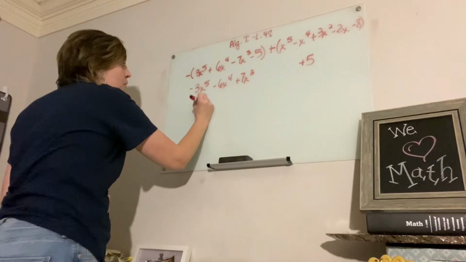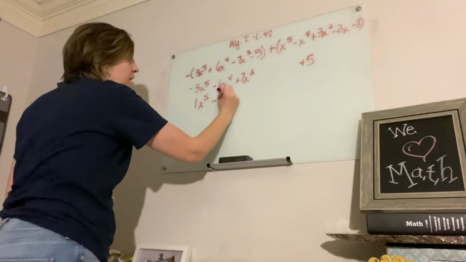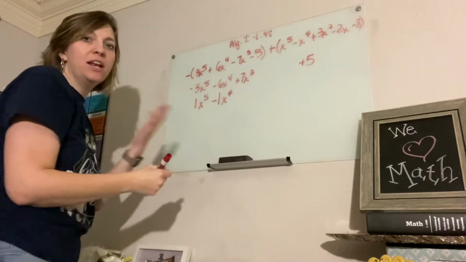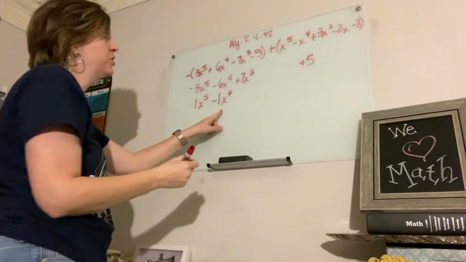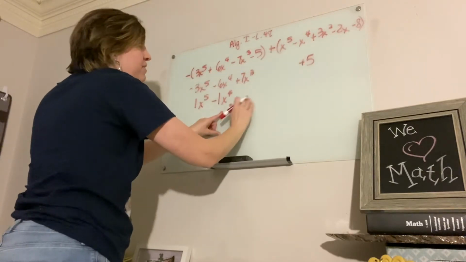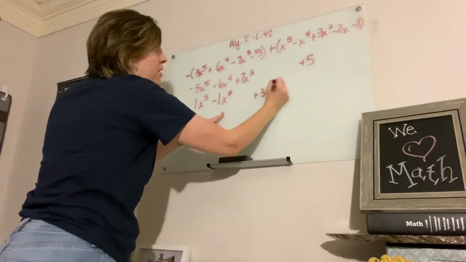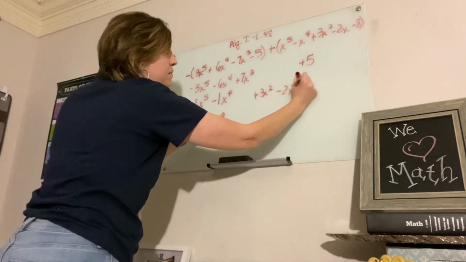So I can even write 1x to the 5th here, minus 1x to the 4th. I'm just sticking in an understood 1 as my coefficient. Now, notice there's no cubed here. So I'm going to leave this blank and say plus 3x squared minus 2x minus 8.